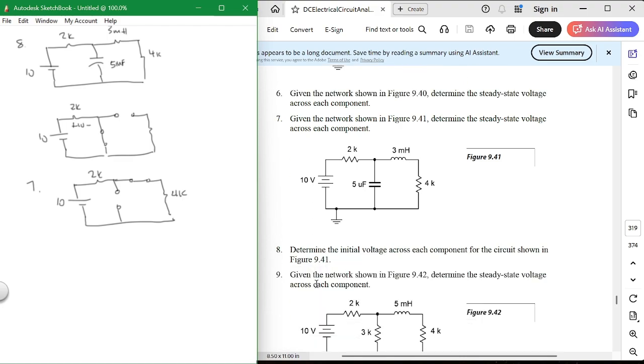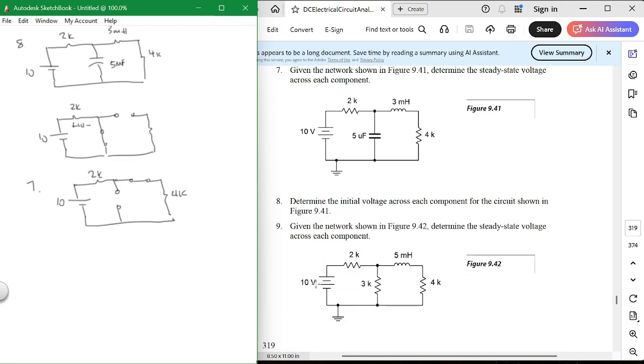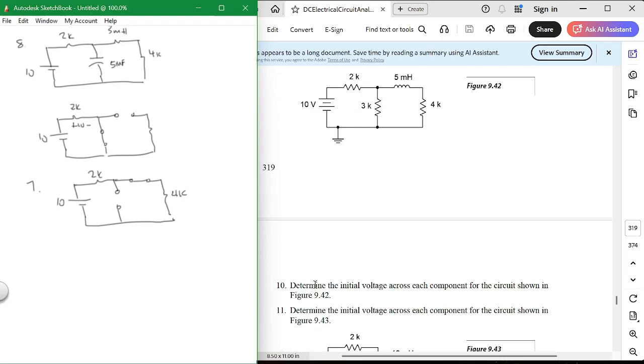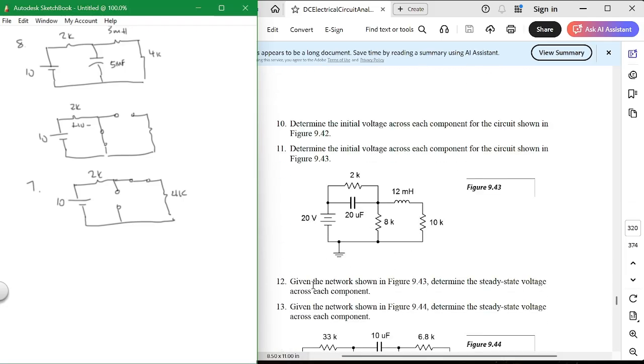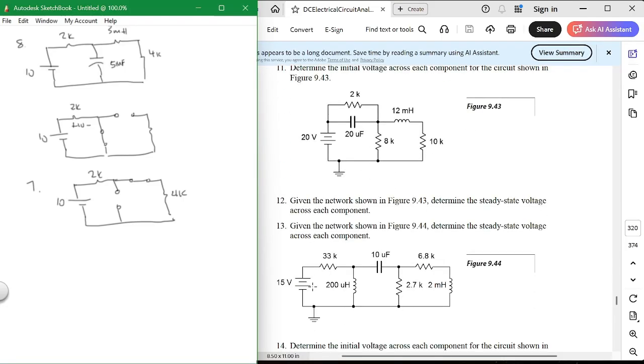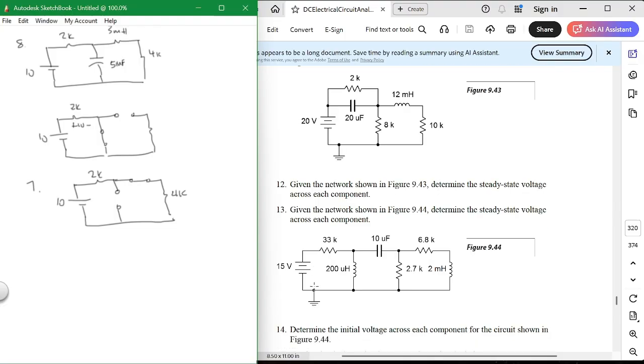And just apply that. Number 10 is another one, and number 11 and number 12 are another one. So we're going to skip through those.